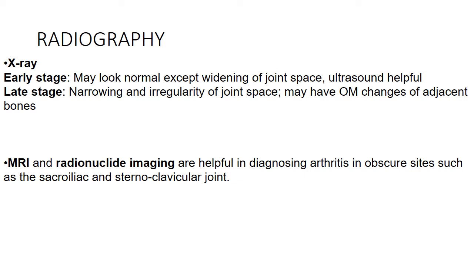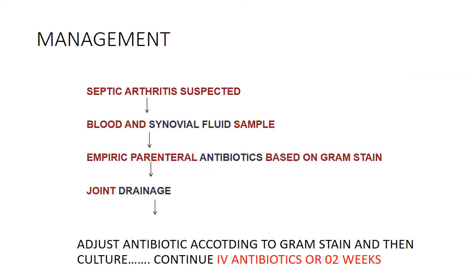There will be narrowing and irregularity of joint space, and you may have osteomyelitic changes in adjacent bones. The MRI and radionuclide imaging are helpful in diagnosing septic arthritis in obscure sites such as sacroiliitis and sternoclavicular joint.